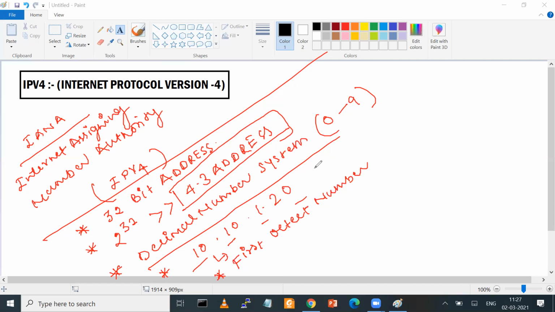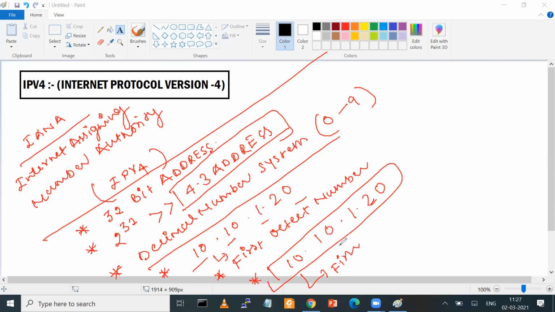Each IPv4 address consists of 4 octets. मतलब हर एक IPv4 address में क्या होंगे? 4 octets होंगे. Octets क्या है? I'll explain. Octet means having 8 bits. So 10 is my first octet. This is my second. 1 is my third. And 20 is my fourth. 1, 2, 3, 4.